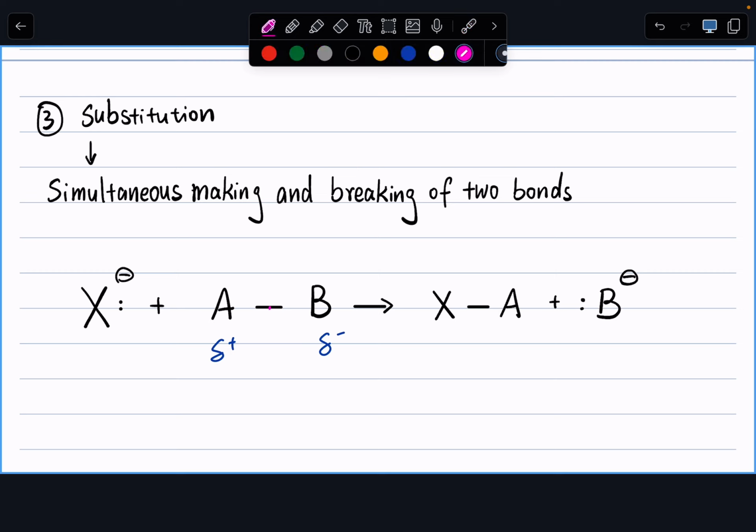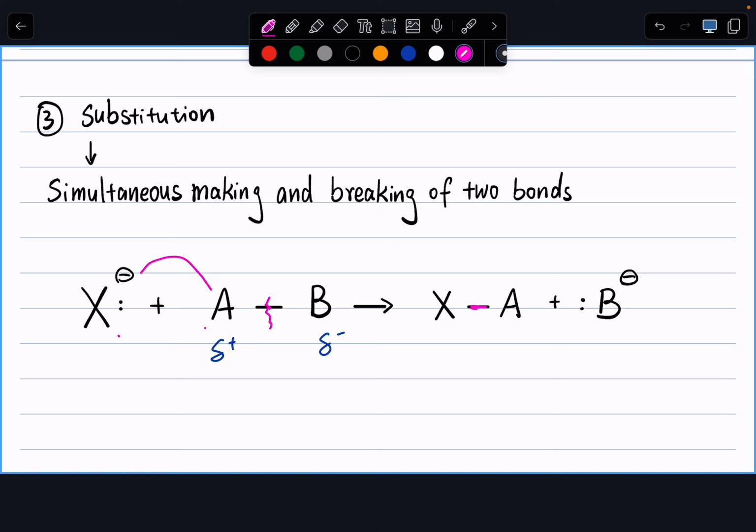On the right, the AB bond is being cleaved. In the reactant, X and A don't form a bond, but in the product, X and A form a new chemical bond. So we're forming the AX bond while at the same time breaking the AB bond. How do we do the arrow pushing?